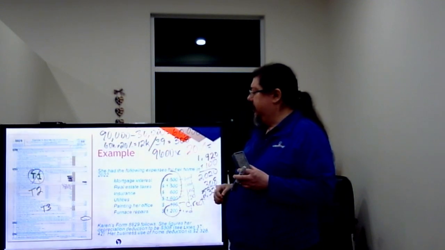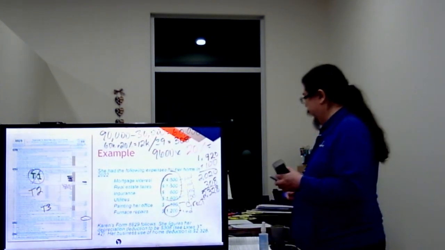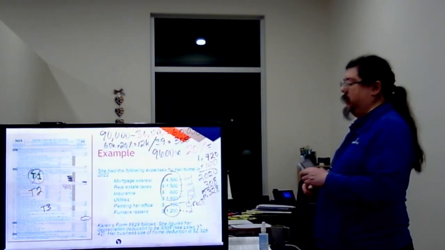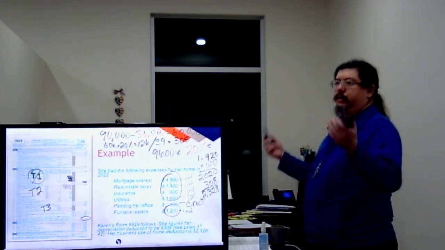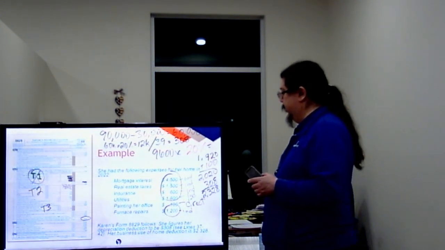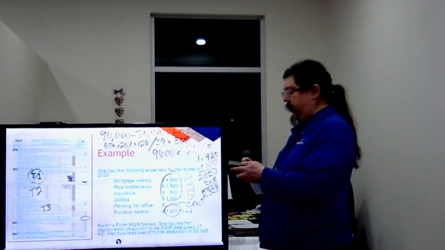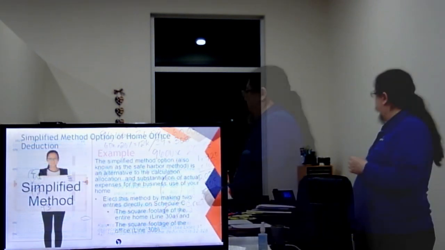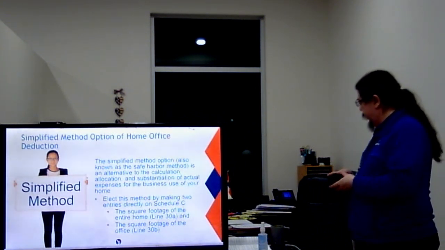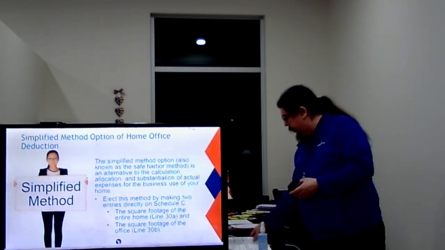If you end up selling this home and you have unused depreciation, you don't have to reduce your adjusted basis by it, and the leftover depreciation is going to disappear on the future tax return and no longer be carried over. The simplified method again is almost utter garbage and might as well not even count that.